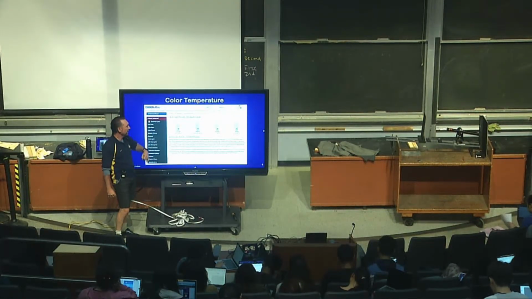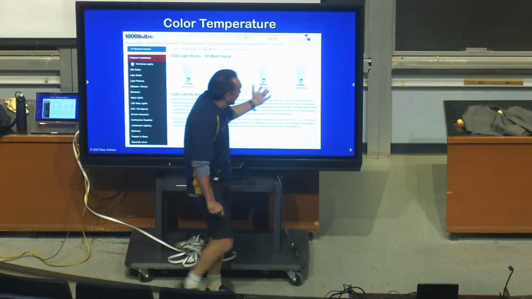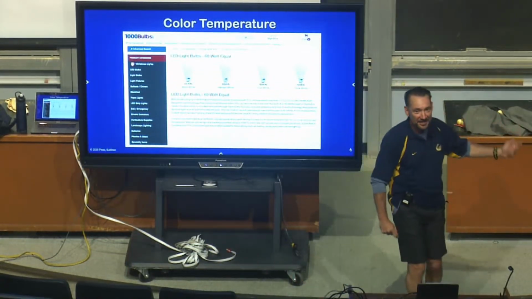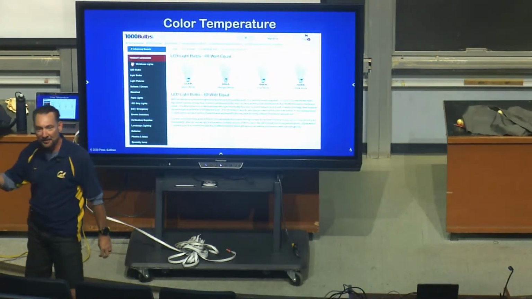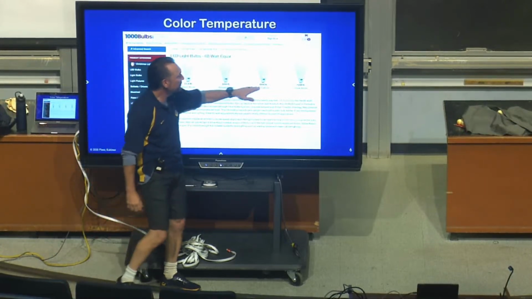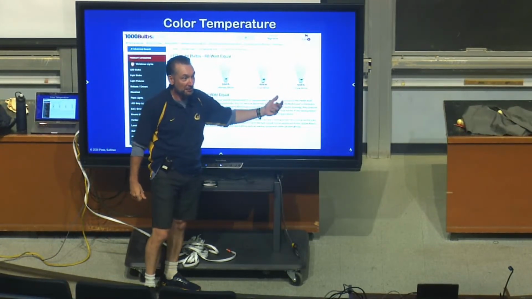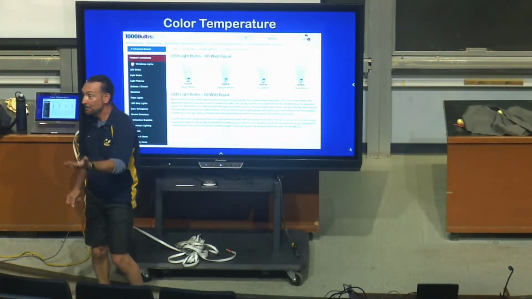Okay, so this is just some useful stuff. When you go to the store these days, you can choose the color of the light that you get from your LED lighting, and they rank it by temperature. And now you understand why. Colors correspond to temperatures in Kelvin.